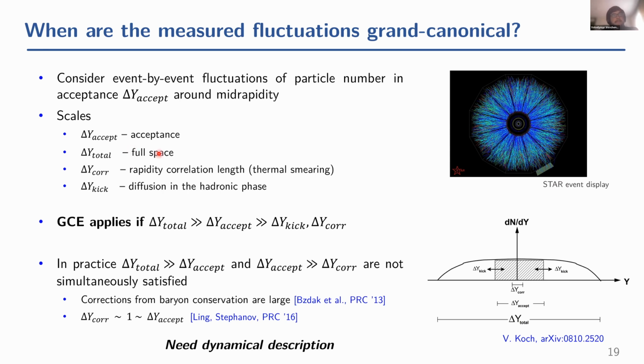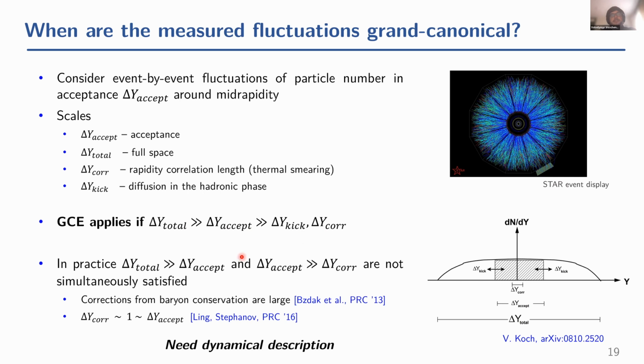And that's on one hand, but on the other hand, if you want this to really mimic the grand canonical ensemble, you also need your acceptance to be sufficiently large that you capture all the physics, that you don't kill all the correlations that you're after. So ideally you want the acceptance to be much smaller than the total phase space coverage, for example, beam rapidity, but on the other hand, also much larger than some typical scales in momentum space which smear the correlations.